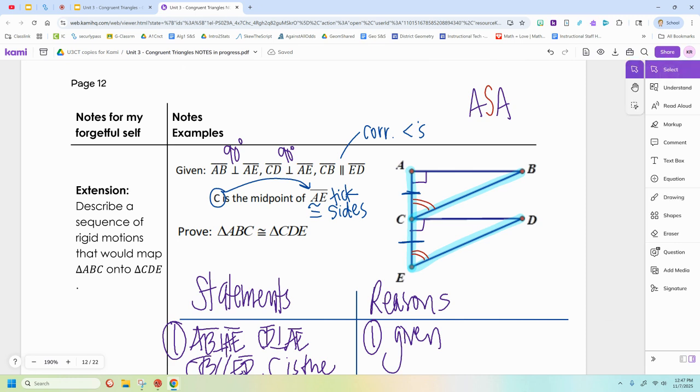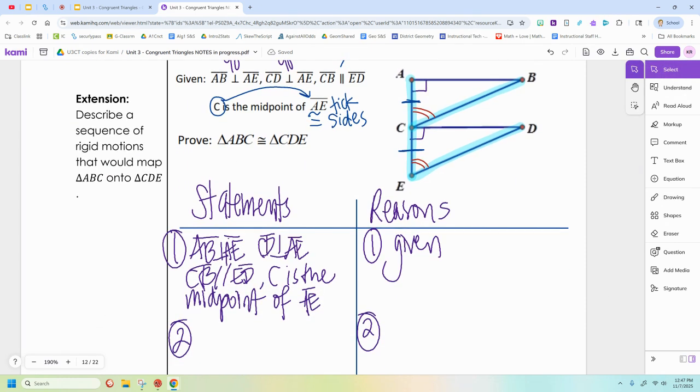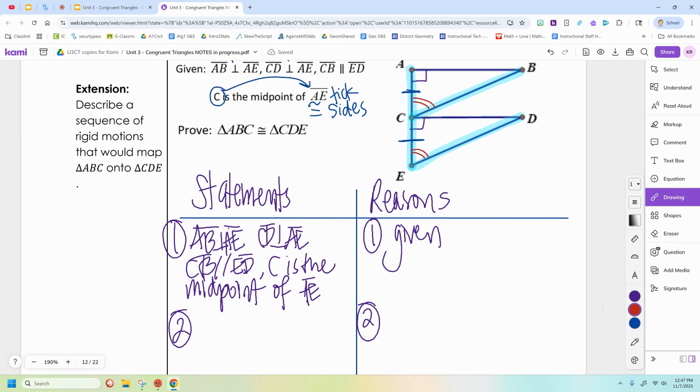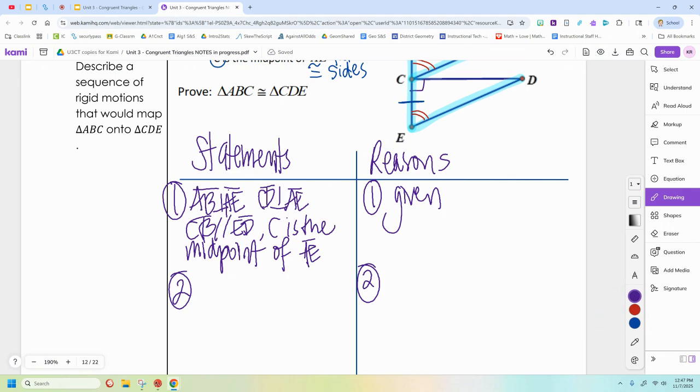All right. So perpendicular right angles. So our first right angle is going to be angle BAC. And the second one's going to be DCE. That's how I would name it. Okay, so angle BAC is congruent to DCE.